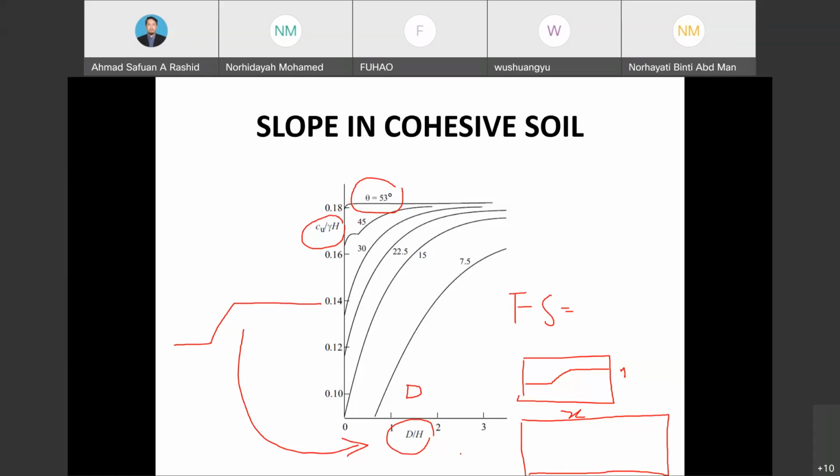So we use this kind of chart for the factor of safety. In detail, we can use a numerical analysis or limit equilibrium approach or software to run the analysis to get the actual stability value. So that is for the slope.